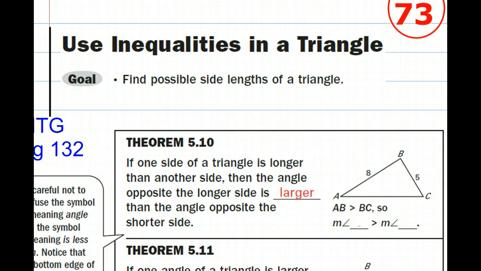As we can see here, AB is longer than BC. So let's take a look at the angle across from AB, from side AB, is angle C, and the angle across from side BC is angle A. So that would have to mean that angle C is a larger angle measure than angle A.